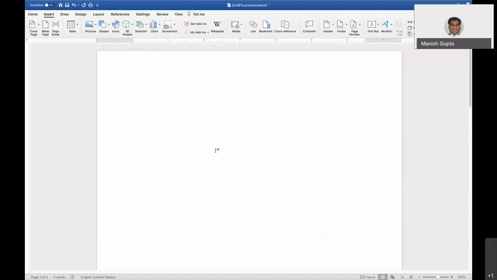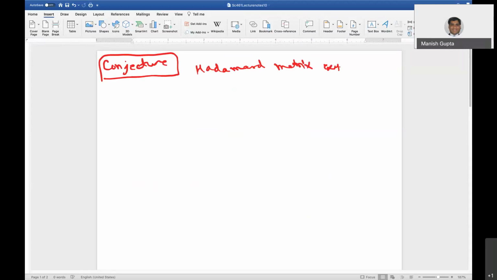There is a conjecture now. The conjecture says that a Hadamard matrix exists whenever the order is a multiple of 4.